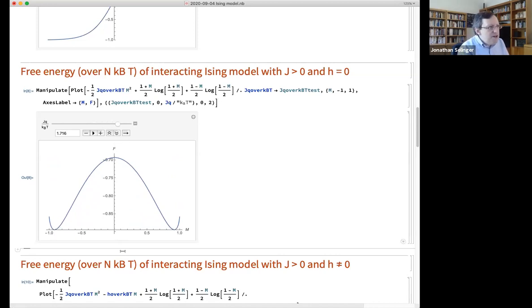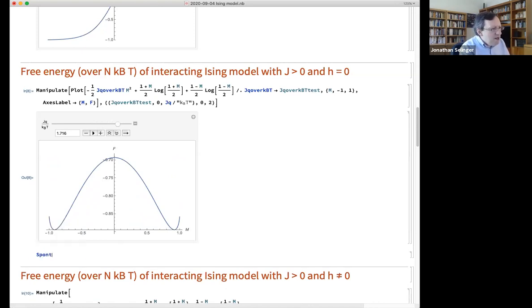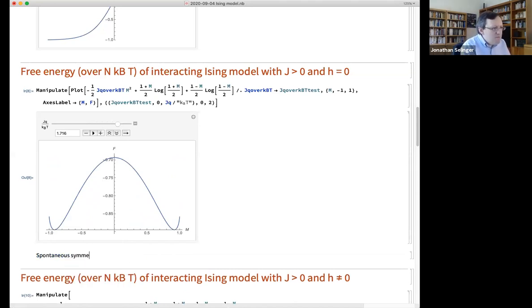This is a phenomenon that goes by the name of spontaneous symmetry breaking. Okay, so that means that at high temperature, there's a symmetry between spin up and spin down, right?